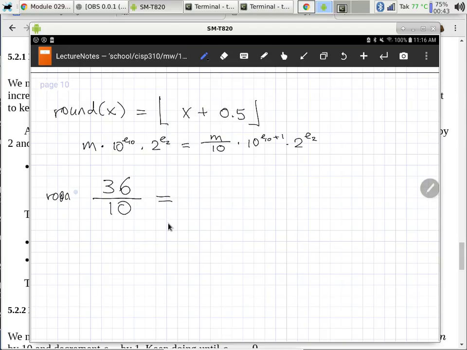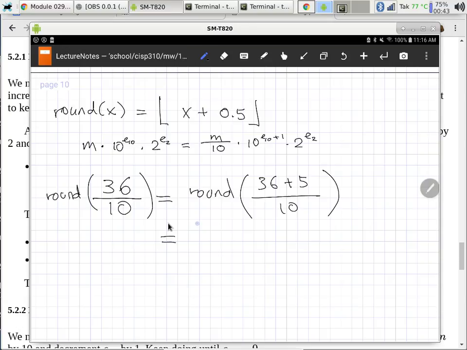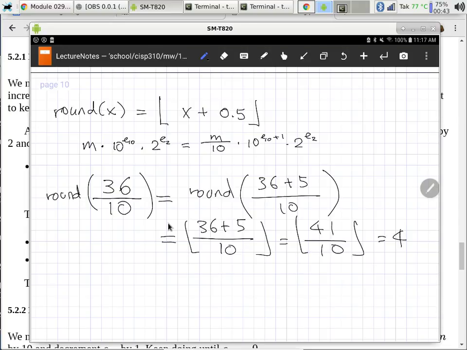So round: 36 plus half of 10, the whole thing divided by 10, which is 36 plus 5 divided by 10. We take the floor of that, which is automatic in C. So we get 41 divided by 10. We take the floor, which is a 4. Okay, no big deal.